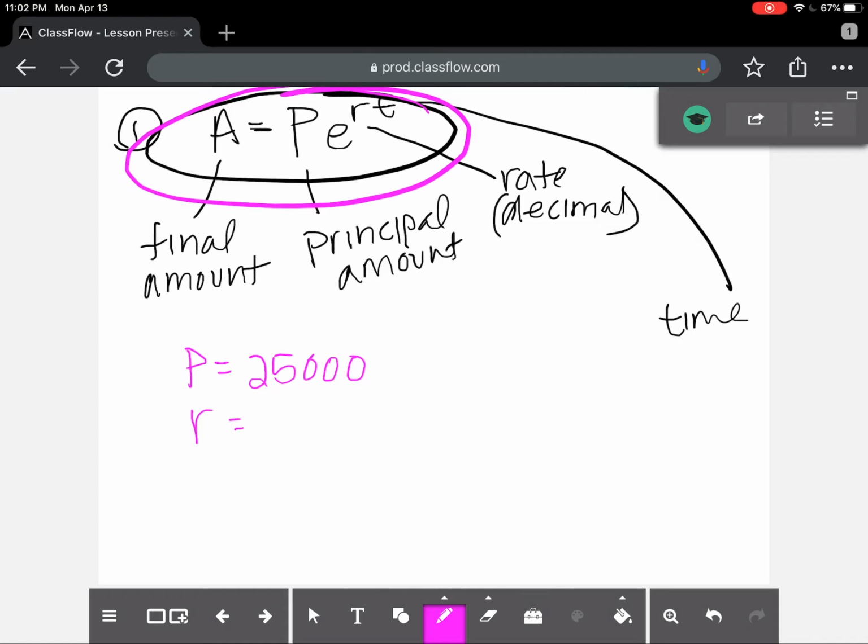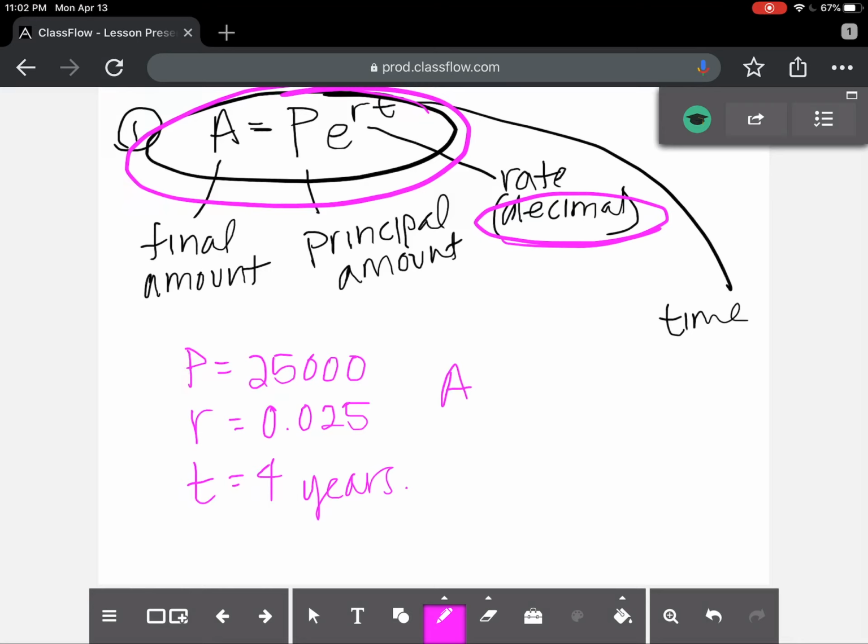Your R is going to be 0.025 or 2.5%. Again, you want it as a decimal. And then your T will be 4 years. You're going to plug these into your formula, plug it into your calculator.